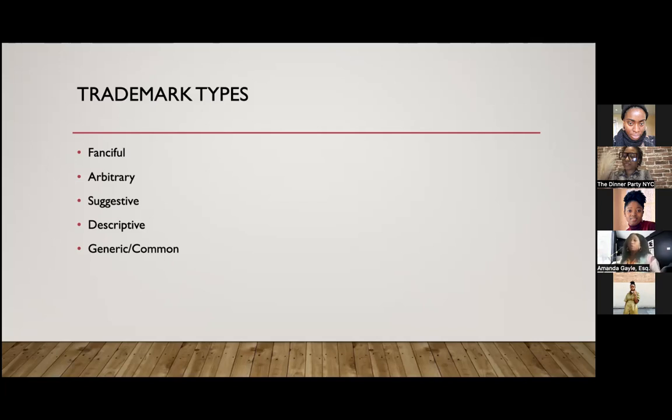Common marks are also discouraged. A couple years ago, LeBron tried to register Taco Tuesday. They said, no, go away. Because obviously people have been hosting Taco Tuesdays long before King James, and it was denied for that reason.